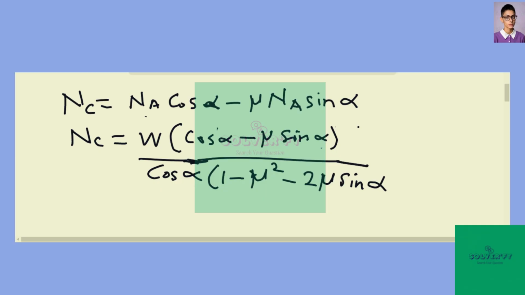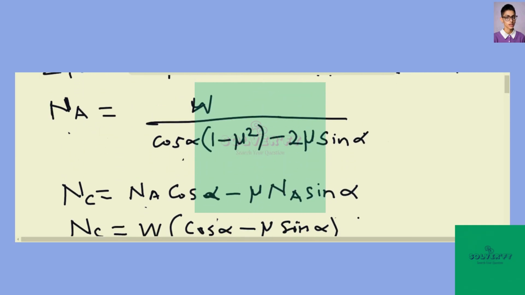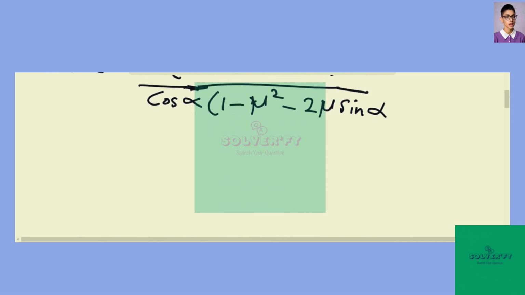We've already known NA. So we'll continue. Now we already know NB as well. We'll plug in where we have the parameter NA in the equation we got for NB.